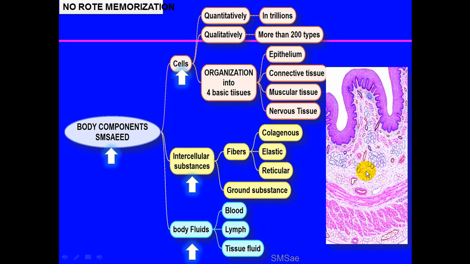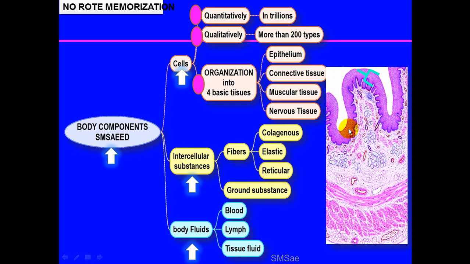Here you have a slide. You can see in this slide where the epithelium is. This upper portion represents the first line of defense. This type of epithelium is made up of more than one layers or many layers.